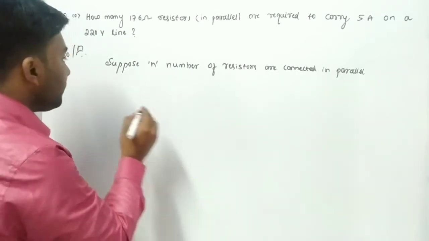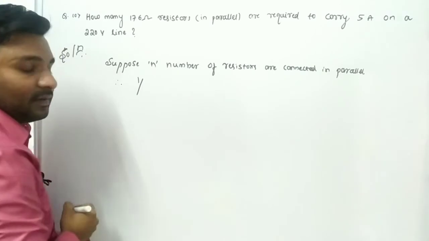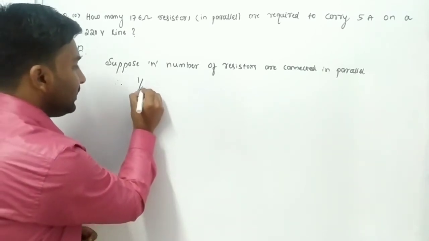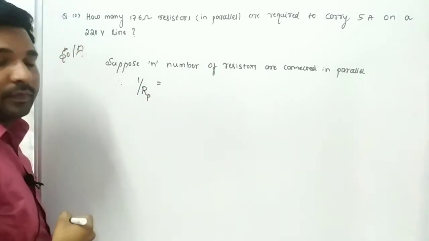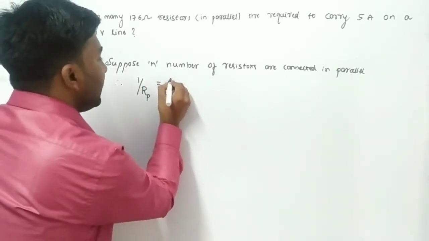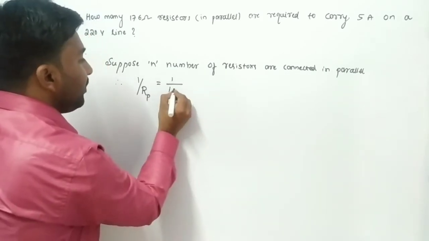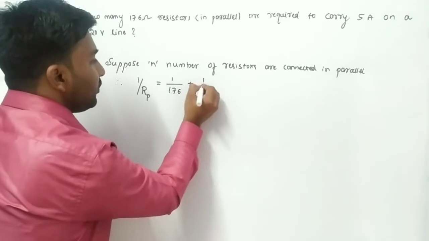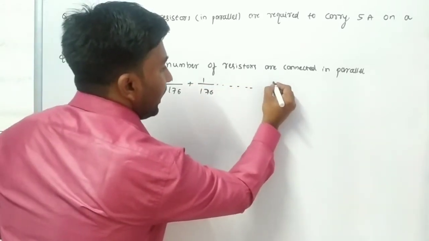Okay, now we know that the equivalent resistance, that is Rp, for n numbers is 1 divided by 176 plus 1 divided by 176 up to n.